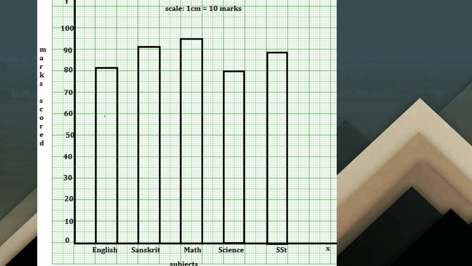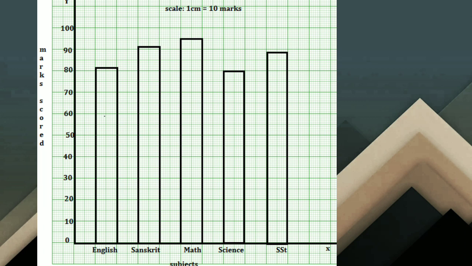Now, first of all, if you could see, it has been represented horizontally. The horizontal line is called the x-axis, and the vertical line, they are meeting each other at one point. They are perpendicular to each other, which we call x and y axis. And this bar graph is in horizontal form. Okay.